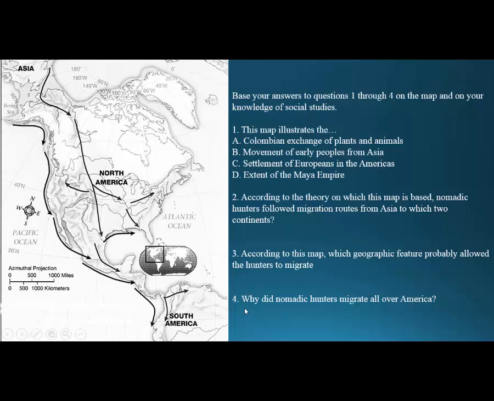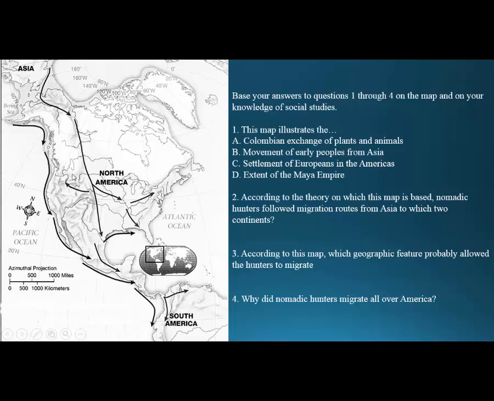Question 4. Why did nomadic hunters migrate all over America? So maybe not necessarily directly related to the map, but as you can see, nomadic hunters from Asia, nomadic, so they are moving, and they're hunters, so they're eating meat that's walking around.